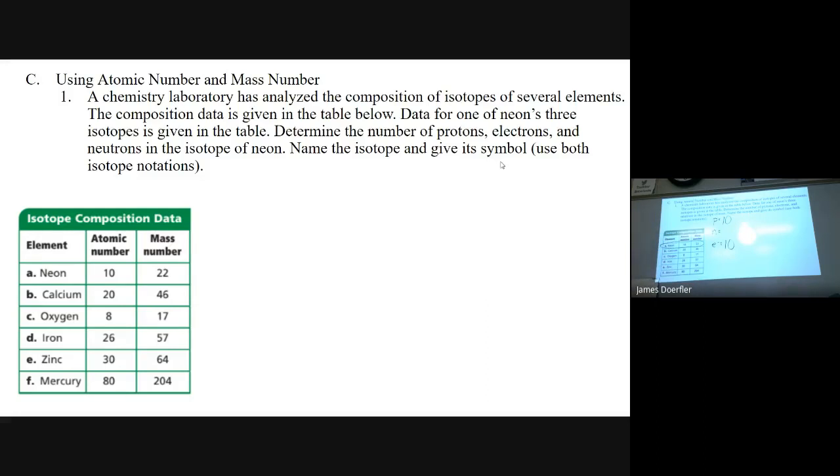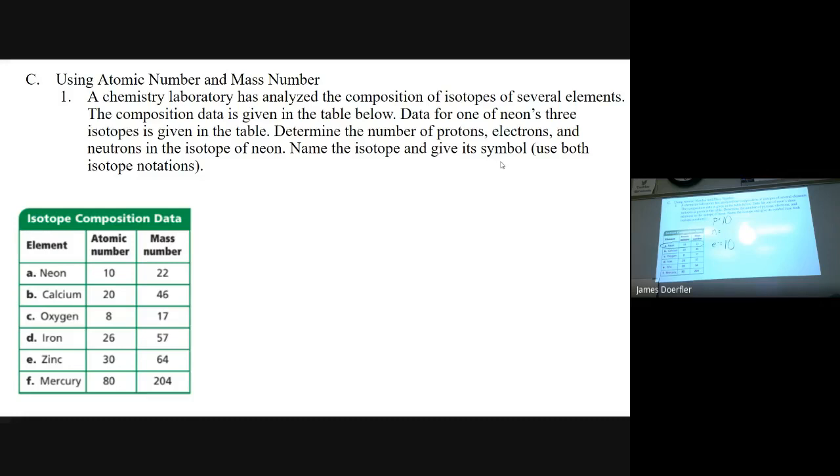Now we need to determine the number of neutrons. First off, what are the mathematical steps to solve that? We have the mass number and the atomic number. How do we find the number of neutrons? Mass number minus the proton number.